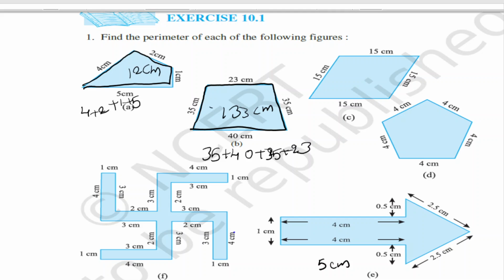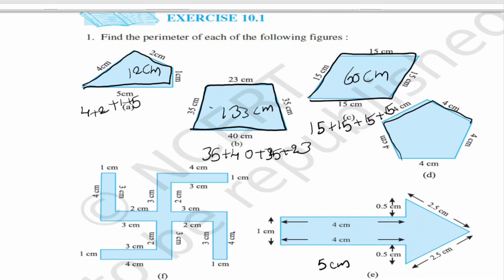And in the same way here the perimeter is nothing but 15 plus 15 plus 15 plus 15, that is nothing but 60 centimeters. And here also the perimeter is nothing but 4 plus 4 plus 4 plus 4 plus 4, that is nothing but 20 centimeters.